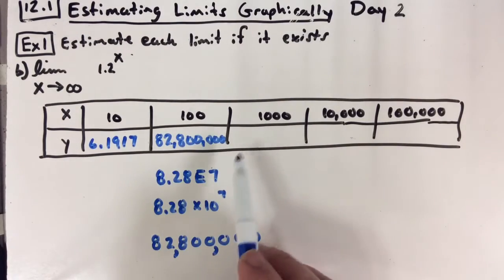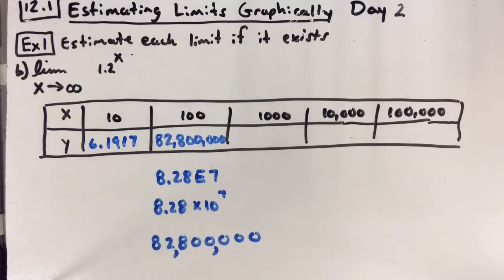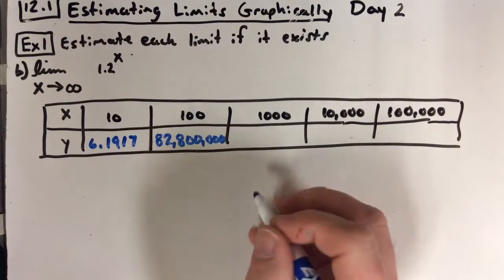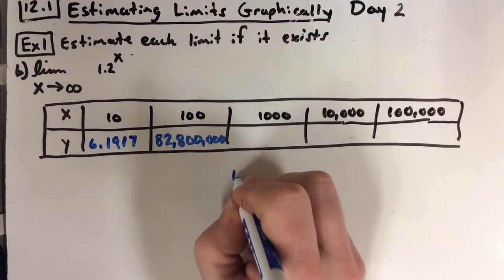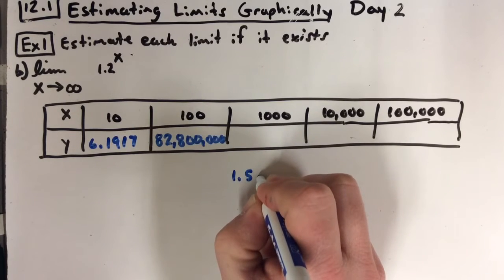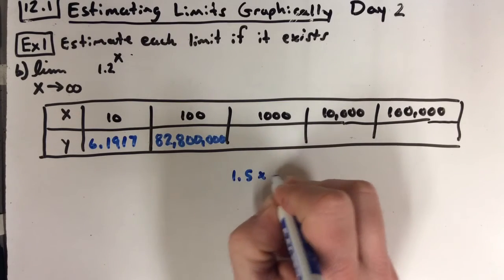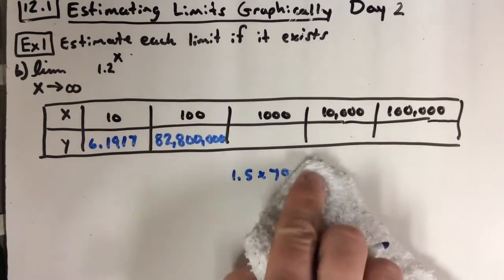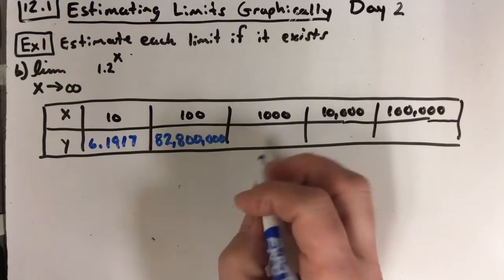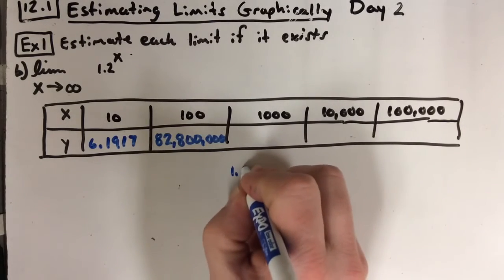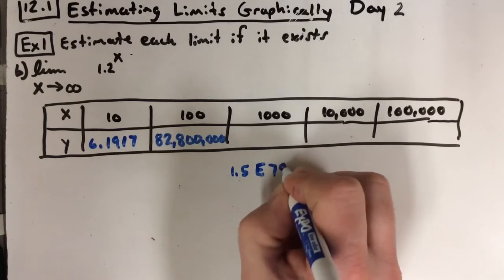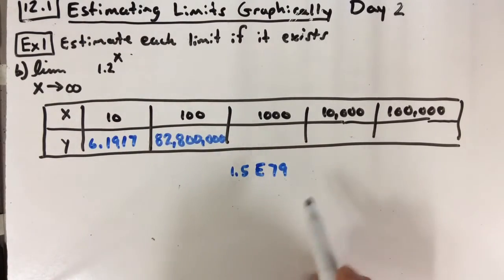We don't have a center number this time, so I do need to evaluate all of these. The next number in our list, when we plug in 1,000, our calculator said 1.5 E 79. Let me write it out how the calculator has it, then I'll change it. 1.5 E 79. And again, that E is times 10.